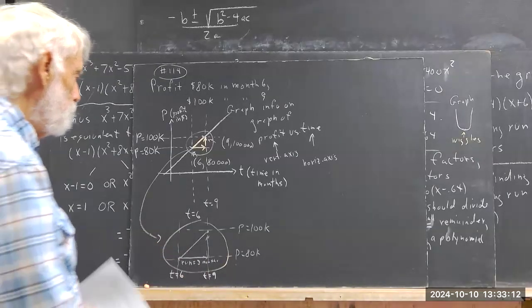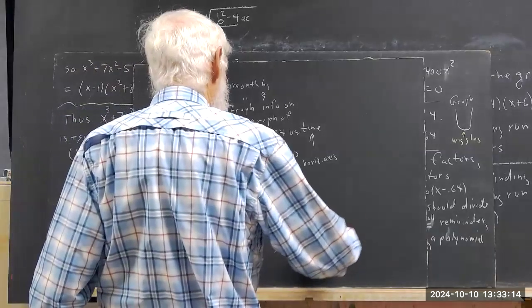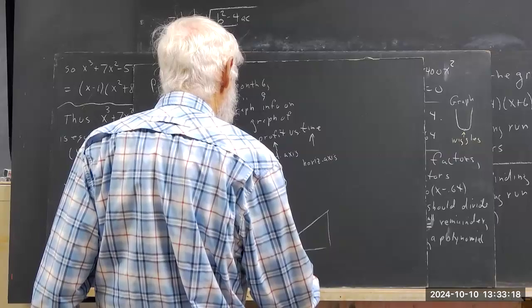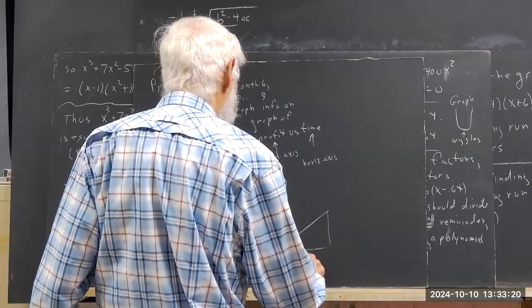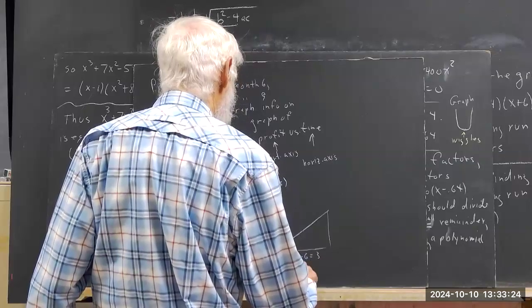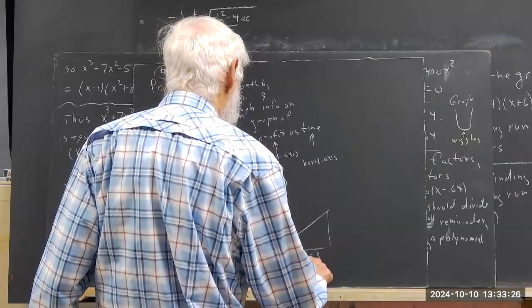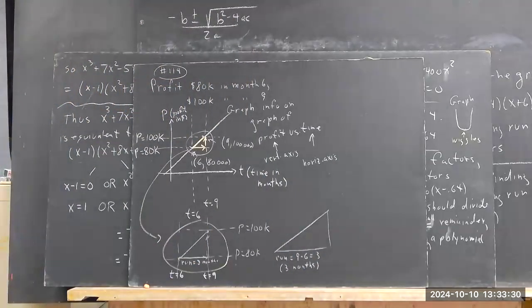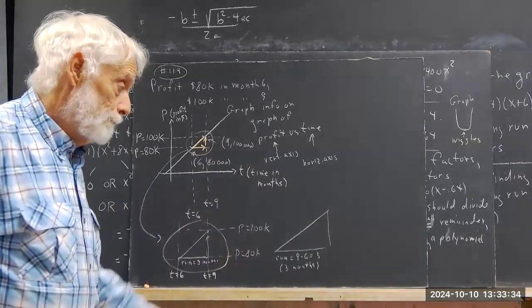You really want to label it even a little better. Make it a little bigger. You can say it like that, right? Run is 9 minus 6, which is 3. Time is in months.